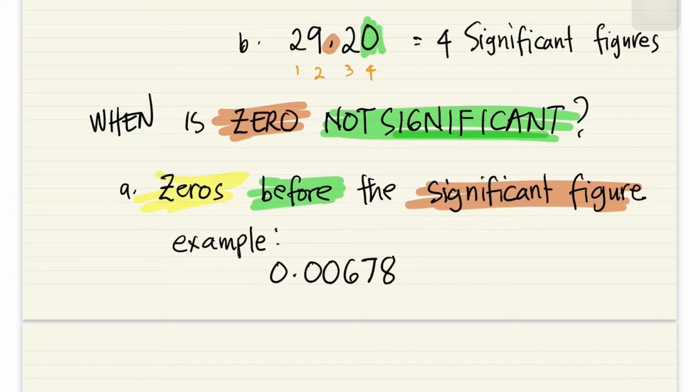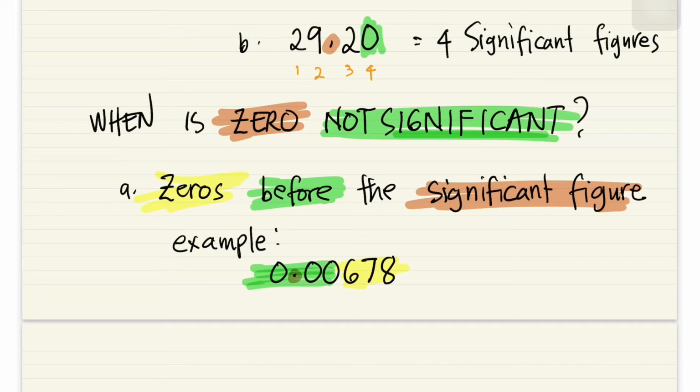0.00678. Okay, now there is a decimal point here, and there are zeros before the significant figures, and this is our significant figure here.